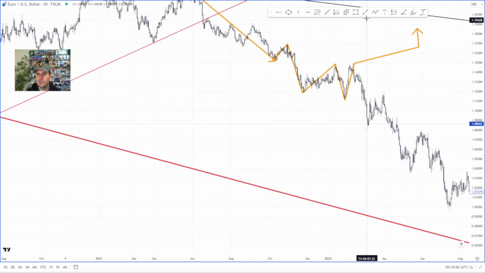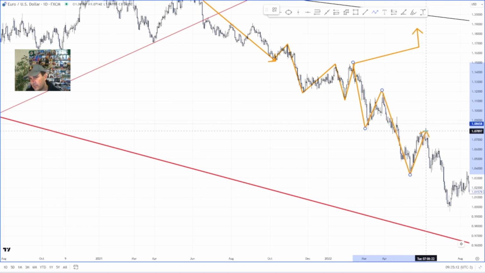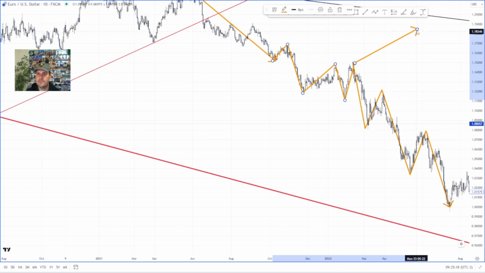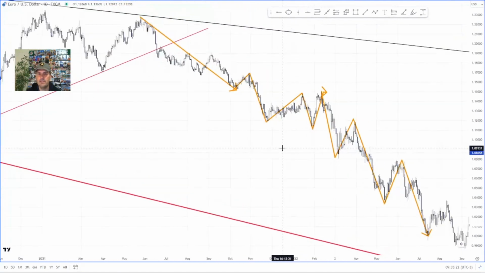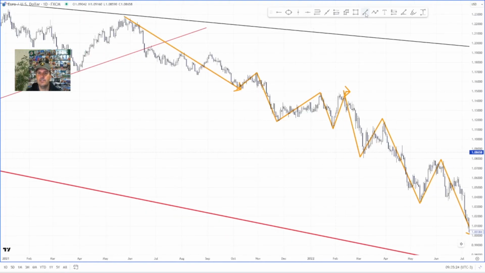Strange. Anyway, from here to here, now it's going to stop working again. Here to here, low to high, there you go. Okay, everybody, so here is consolidation.